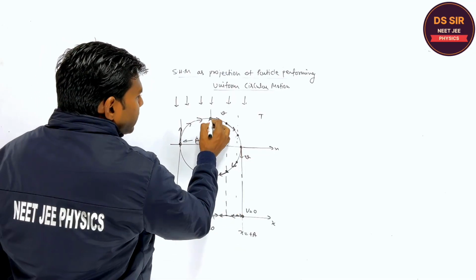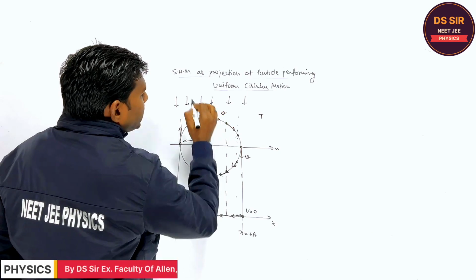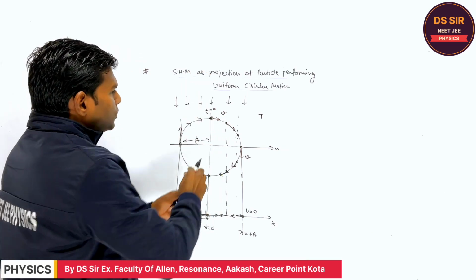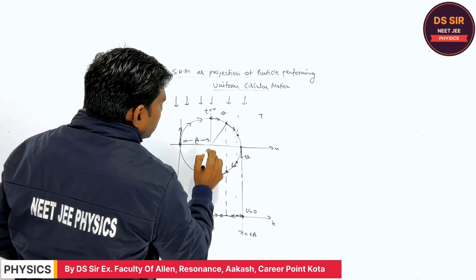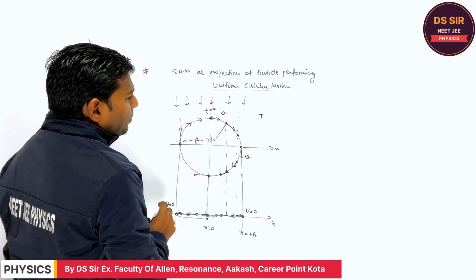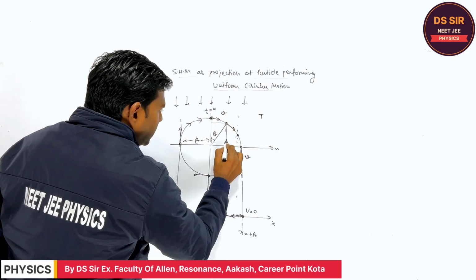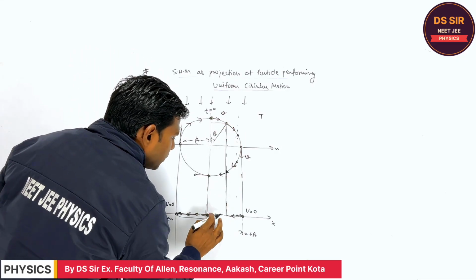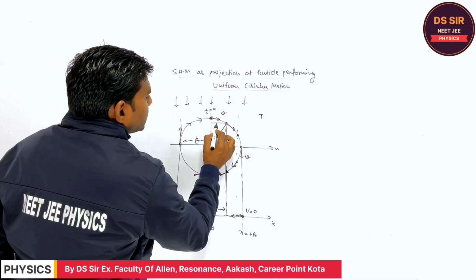Suppose the special case I am talking about, at t is equal to 0, the particle starts from this position. So after time t, it reaches this point, right, and it completes the angle theta, right? So can you tell me, in the same time, what is the displacement of the particle? This is the displacement, this is the x.